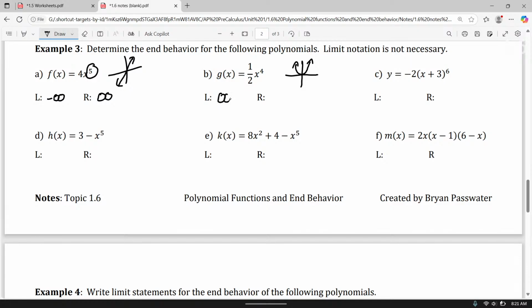I don't care how you do this. This is negative, even degree. They didn't tell me how to. Oh, it says limit notation is not necessary. Whew. Glad I read the instructions first. Odd degree, negative, downhill.